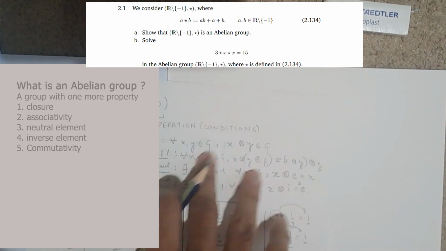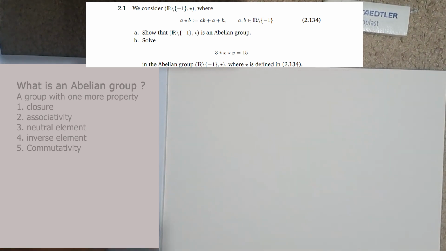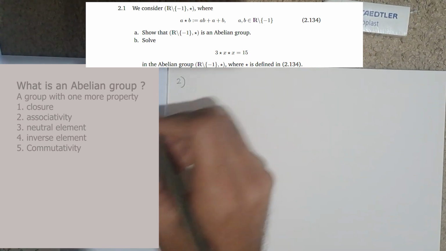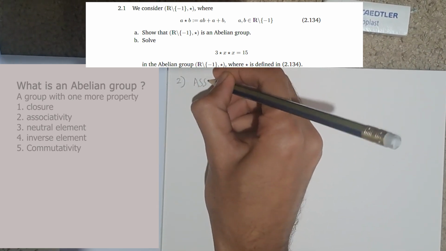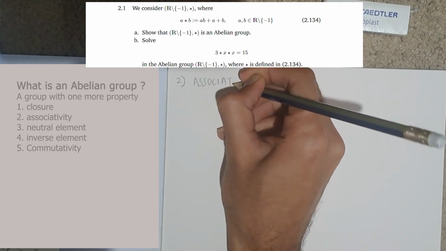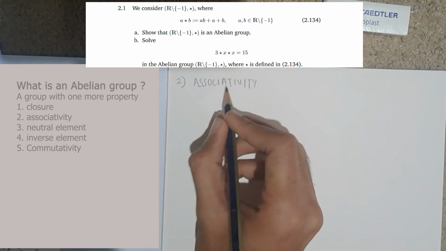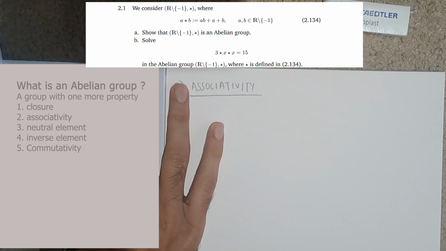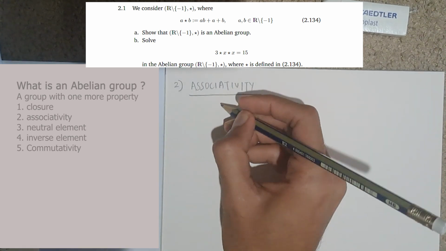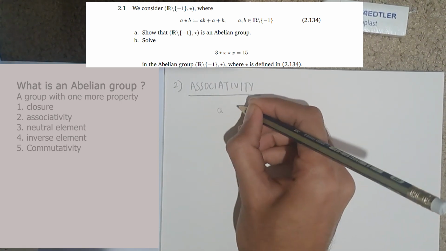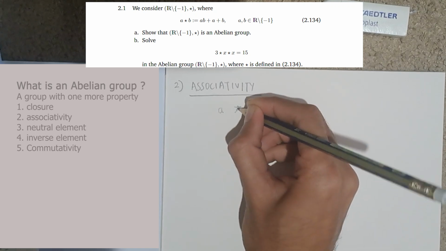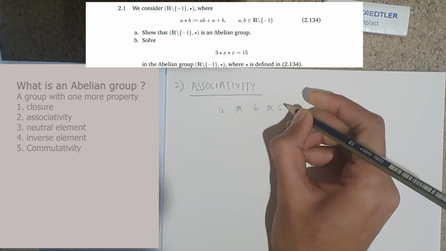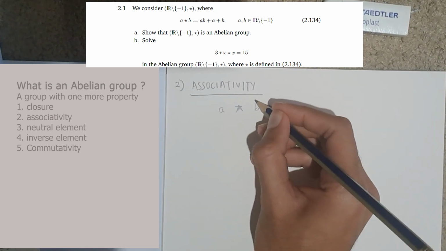All right, now let's move to the second thing, associativity. Proving associativity is usually just tedious. It's never really difficult per se, because it requires you to only follow along on both sides. So let's start with this. Let's first associate this.